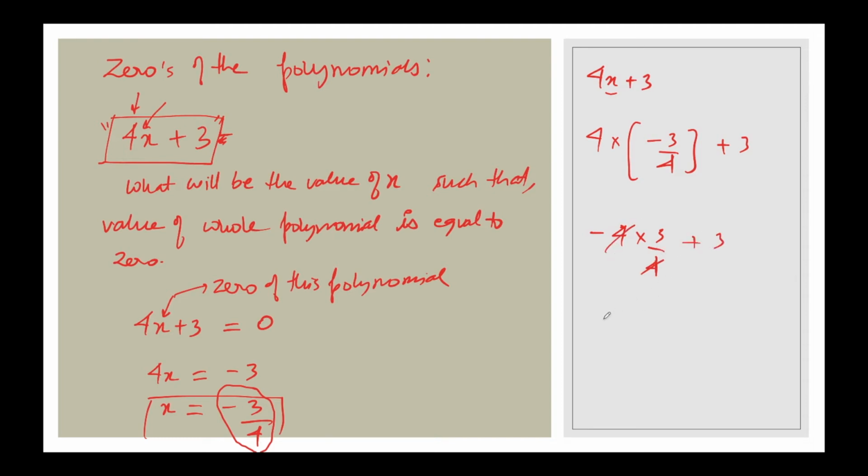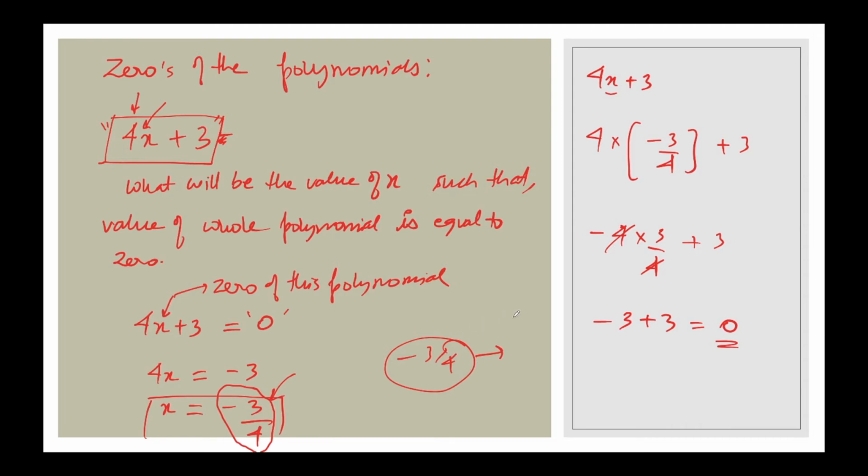The 4 will be cancelled, minus 3 plus 3 will be 0. So as you can see, the value of x that we obtained from here is the value which, when placed in a variable of that polynomial, gives you the result as 0. So this minus 3 by 4 is known as the zero of this polynomial. Alright.